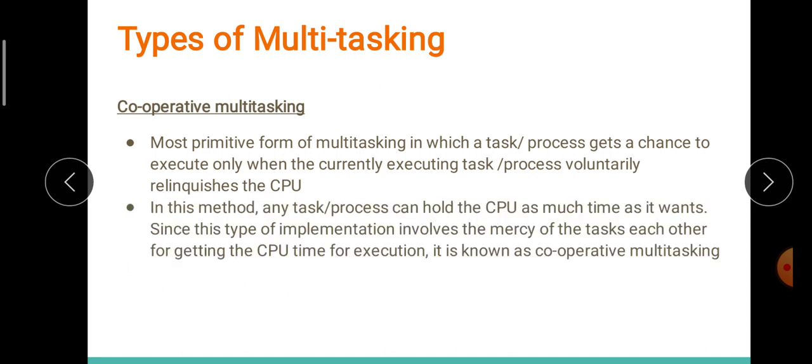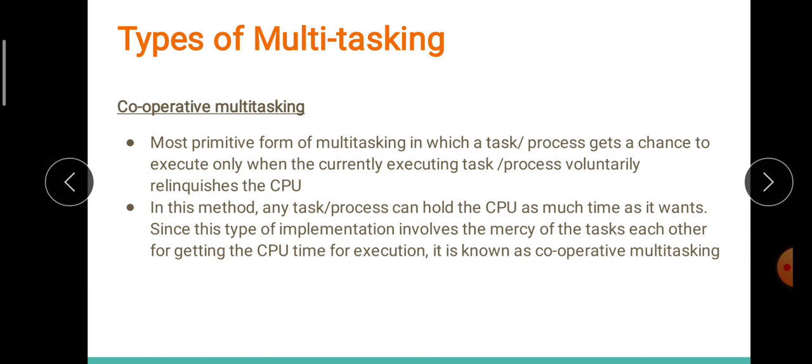And hence the name cooperative multitasking. Task 2 is requesting the cooperation of task 1 to get the CPU, right? Hence the name cooperative multitasking. So what is cooperative multitasking? A task can only execute if the currently running task releases the CPU voluntarily.